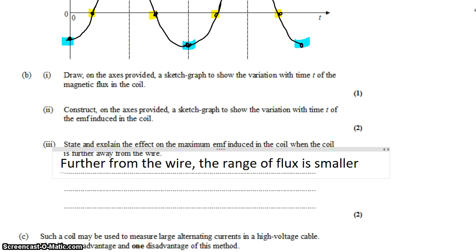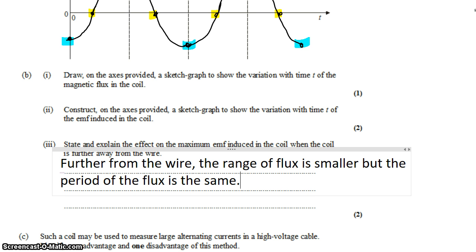Basically, further away from the wire, the magnetic field strength is weaker, so the flux is smaller. But the period of the flux is the same. It doesn't affect the period of the wave. The wave becomes shorter. It's squished vertically.